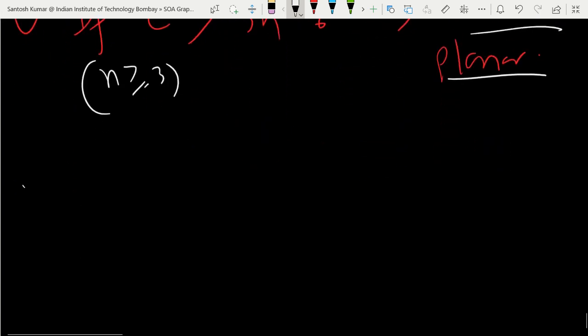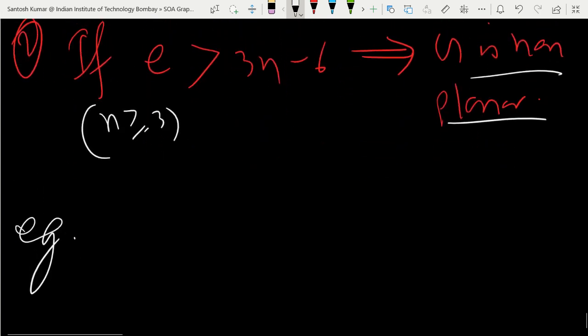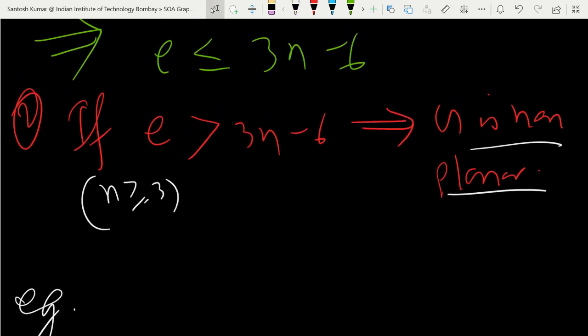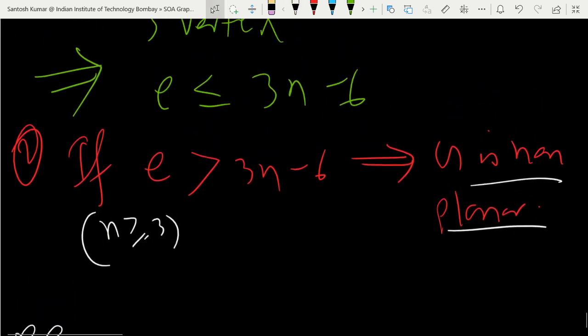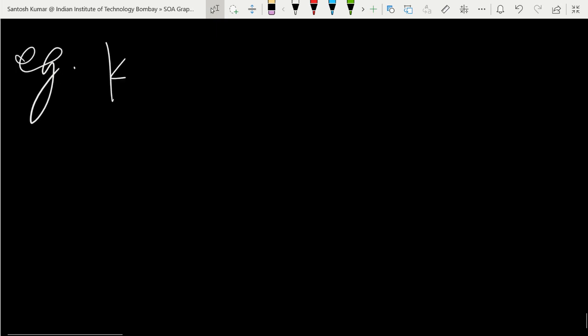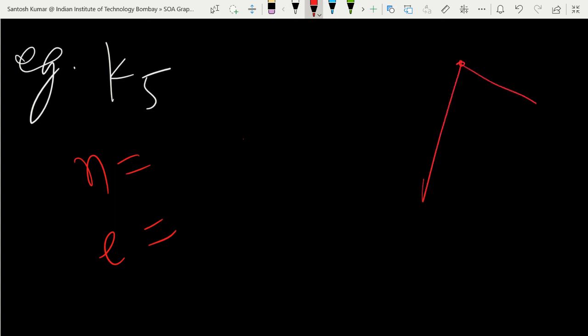For example, you check for K5. What is the value of n in K5? What is the value of E in K5? Tell me, in K5 how many edges and how many vertices?